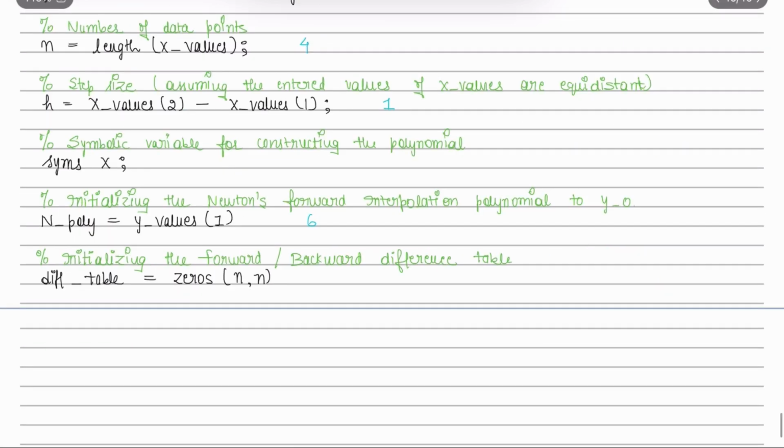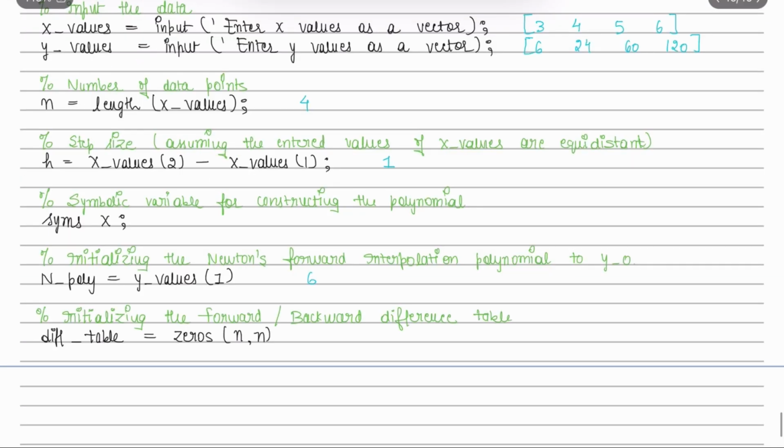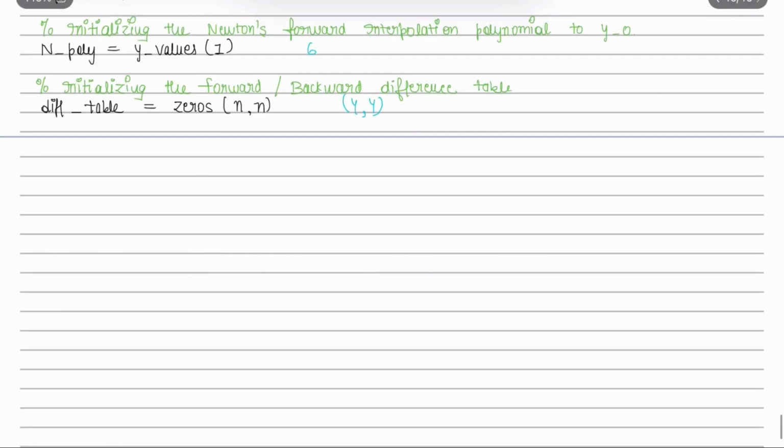Therefore, when we initialize this difference table, the dimension is n comma n. And we have seen that the value of n is initialized as 4 here according to the entered values of x and y. So this difference table will be of size 4 cross 4. Let me draw this table on the side so that you understand this too.